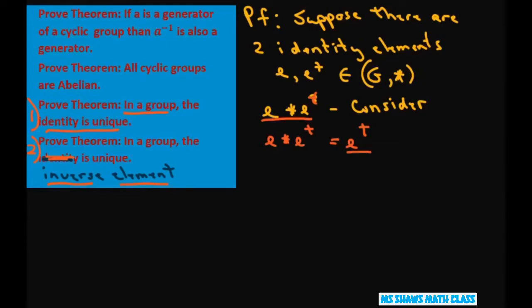And we have E star E prime equals E, if E prime is the identity.